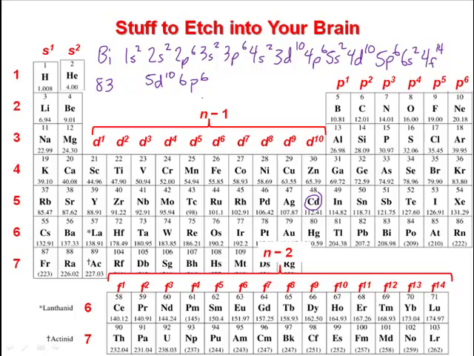Where are we at? Oh, is it 6p6? All right, we went too far, huh? 6p what? 6p3, very good, and that is our 6p3, our bismuth. That's the number one error on electron configurations, is just going too far. Okay? Now, there are some exceptions, of course.